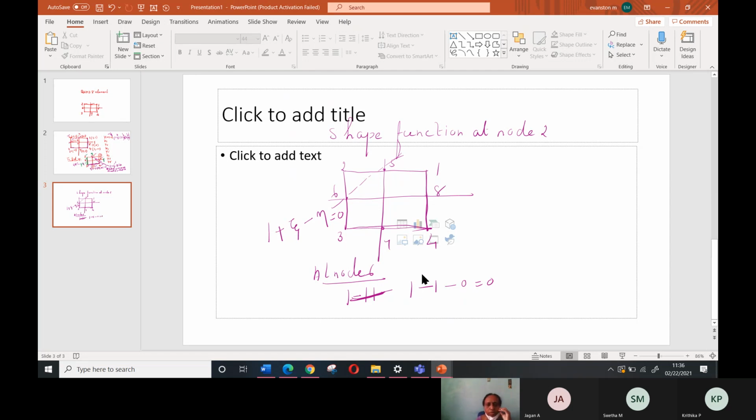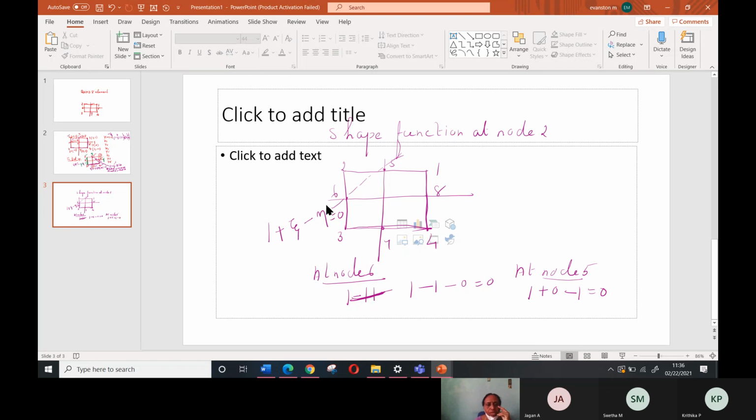Then what about 5? At 5, xi is equal to 0 and eta is equal to minus 1. So plus 1, that is minus 1, is equal to 0. So here also it is satisfied.